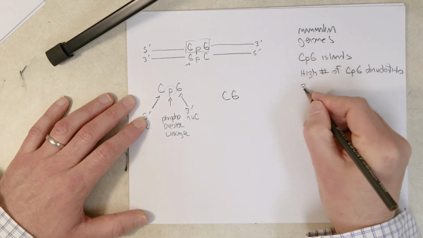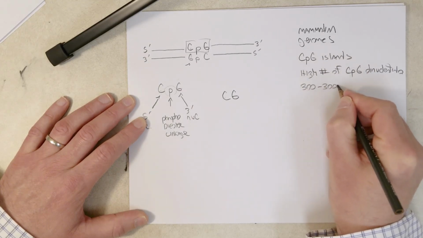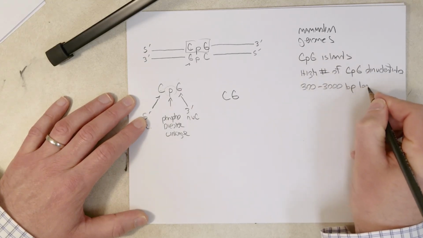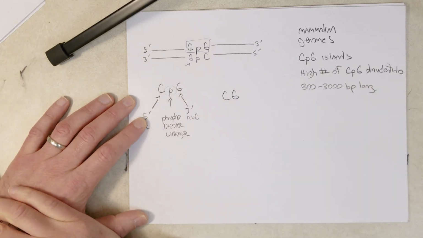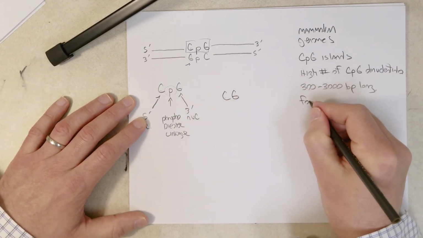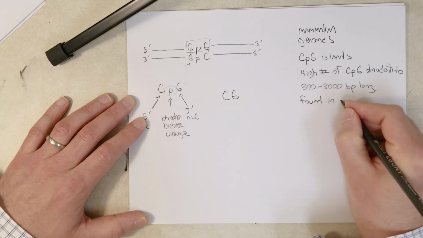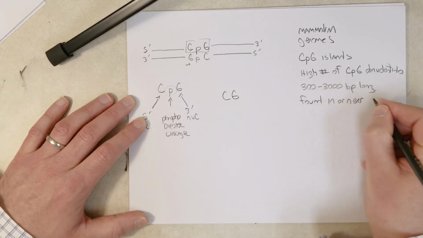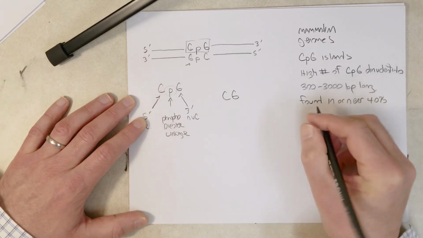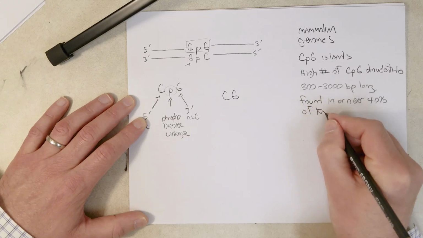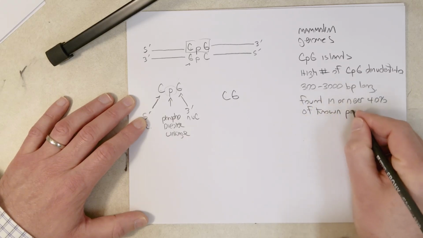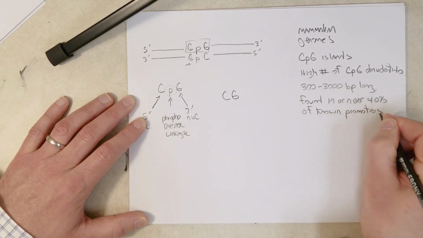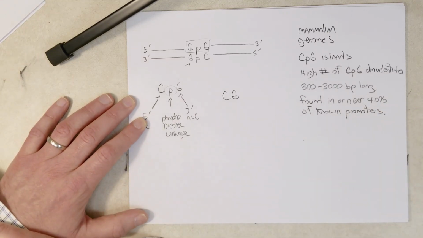They are about 300 to 3,000 base pairs long. There are many of these, and they are found in or near 40% of known promoters. So we think they're important with respect to transcription.